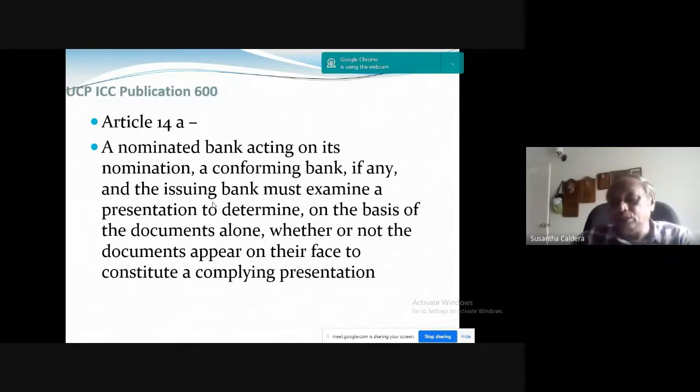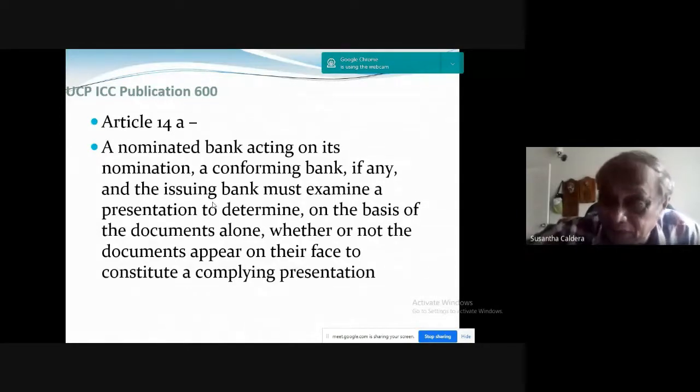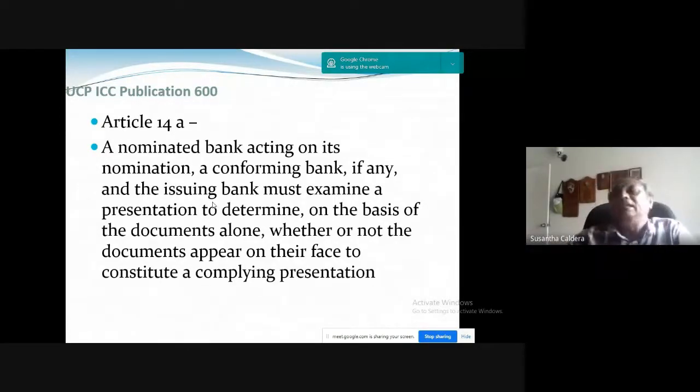That means the documents should be in par with whatever the terms and conditions of the LC. And we are checking only the documents. And we are not a policeman. The banks are not policemen to check all these small things, right?